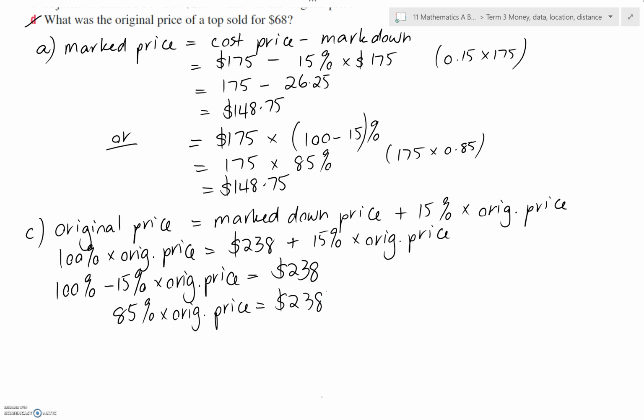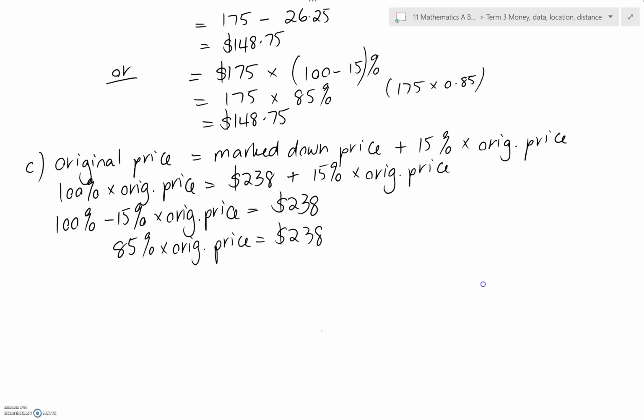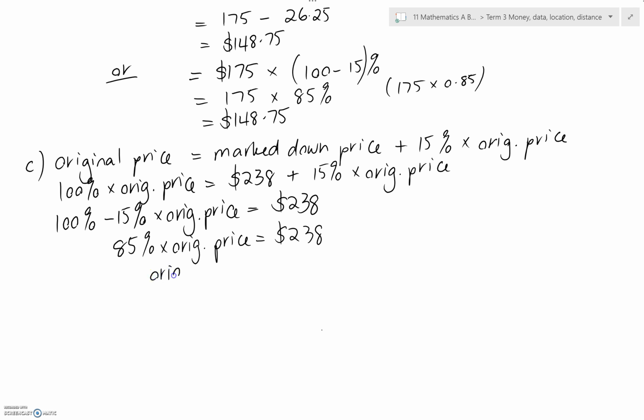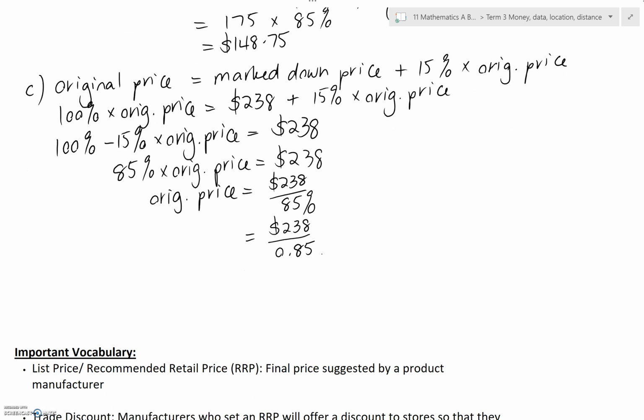So what we need to do is the opposite to the term that's already there. 85% times the original price, so we need to divide both sides by 85% to get the original price on its own. So the original price equals 238 divided by 85%, which equals 238 divided by, converting that to a decimal, 0.85, so you can put it into your calculator, which equals $280.